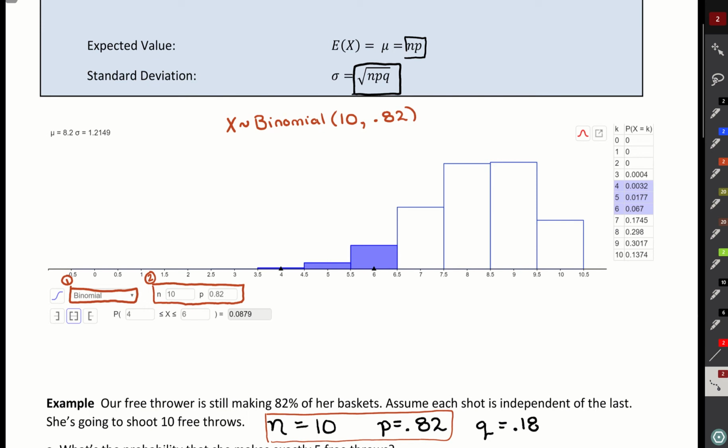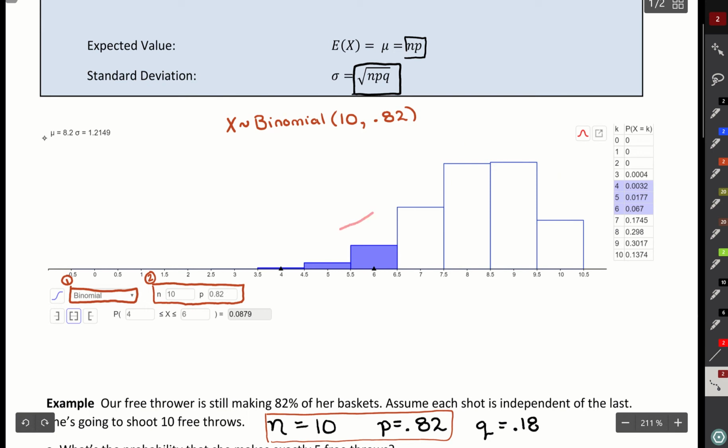The number line here represents the idea that she makes 0 free throws, 1 free throw, 2 free throws, 3 free throws, and so forth across our 10 trials, up to her making all 10 of the free throws. And we can see these bars on the higher end have a greater height because they have a higher probability of occurring.